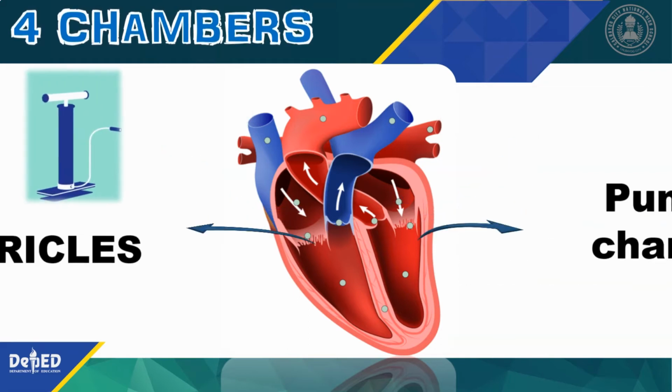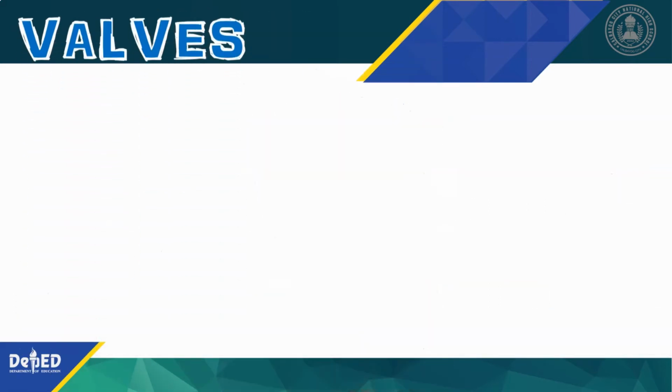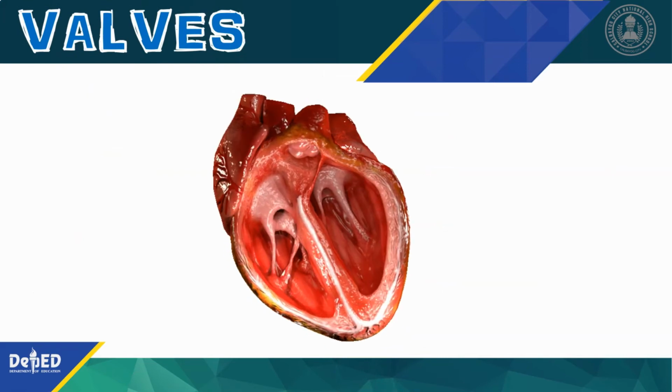Meanwhile, the two ventricles are the pumping chambers that force blood out of the heart. The right ventricle pumps blood to the lungs for oxygenation, while the left ventricle pumps oxygen-rich blood to all parts of the body. To complete all the parts of the heart, let us discuss the valves.